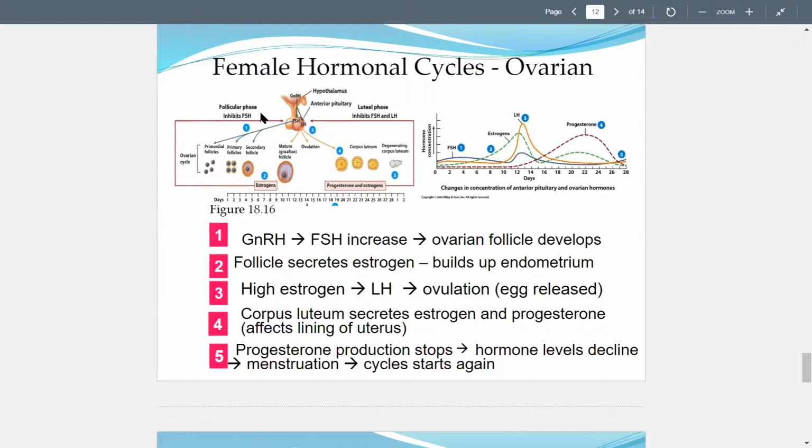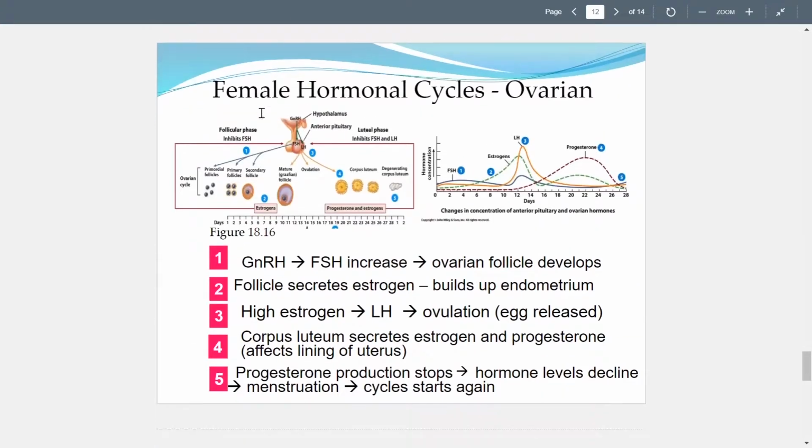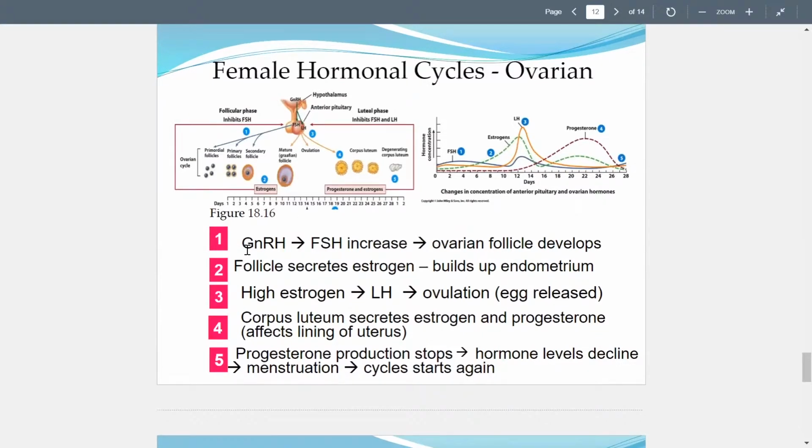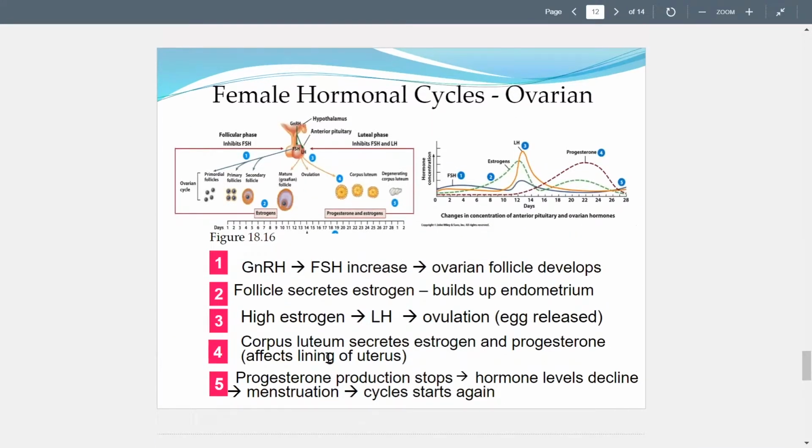The main thing you need to know is all the hormones involved in the hormonal cycle, which is basically when females have their periods. What this chart is saying is that at the beginning of the menstrual cycle, your brain releases GnRH.